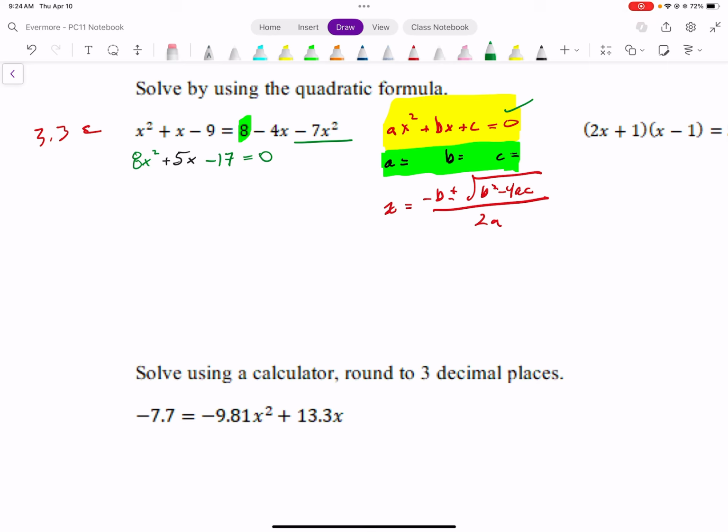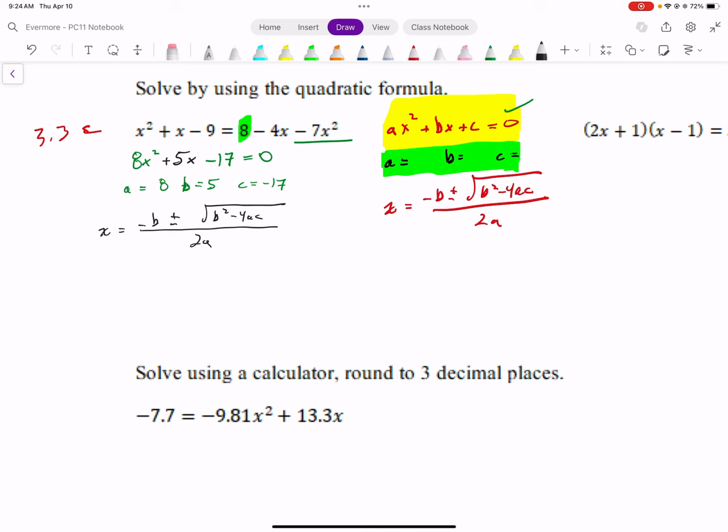The most useful form. I'm going to pick out my coefficients. A is equal to 8, B is equal to 5, C is equal to negative 17. I'm going to write out my quadratic formula. x is equal to negative b plus or minus the square root of b squared minus 4ac, all of that divided by 2a.